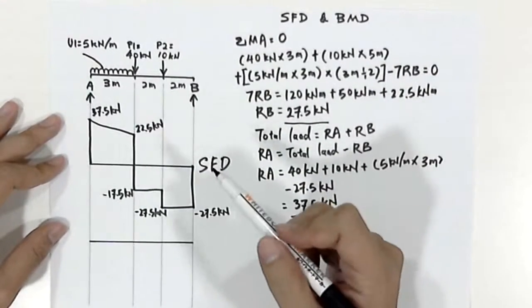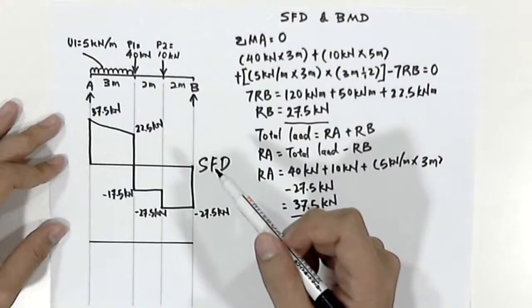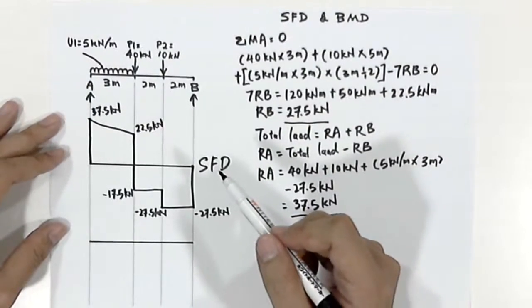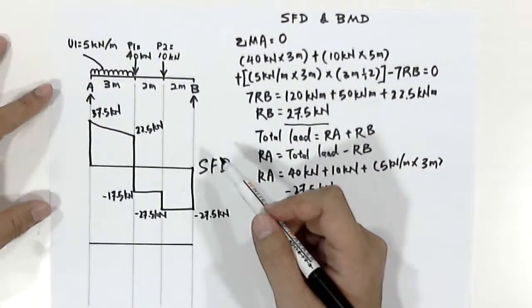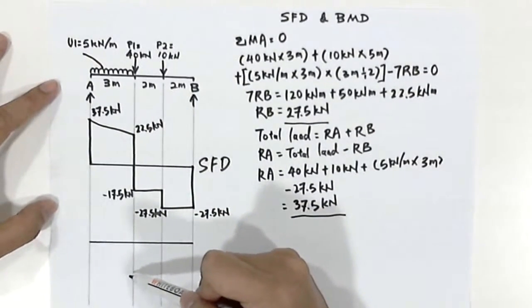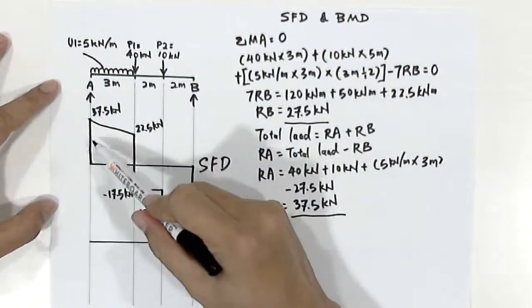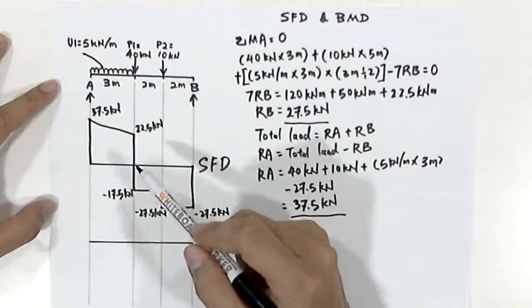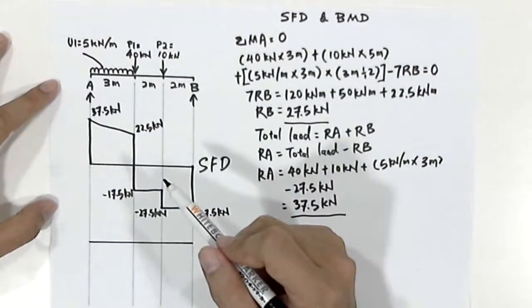The next step is to do the bending moment diagram. As we know that the value of the bending moment basically is the same as the area in our shear force diagram.